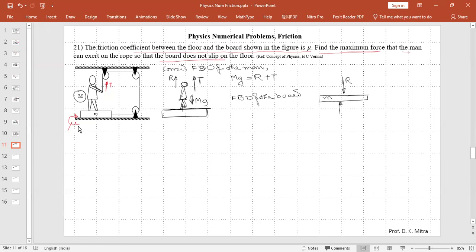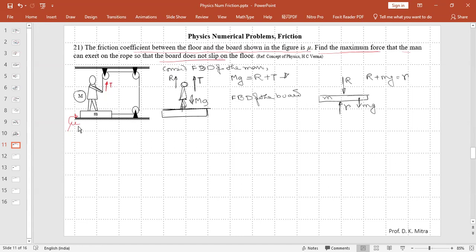Let us say this floor applies a reaction small r. And of course, this body is small m, so it has a downward force small mg. From here, we find capital R plus mg equal to small r. Right? This is one equation.